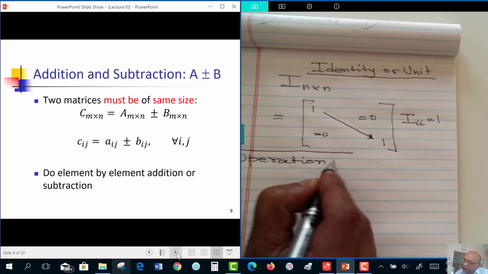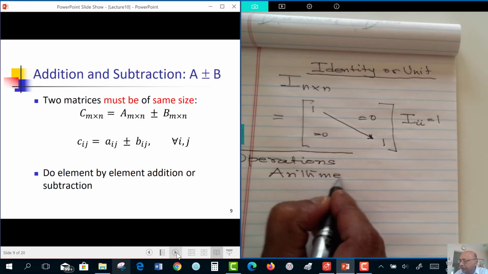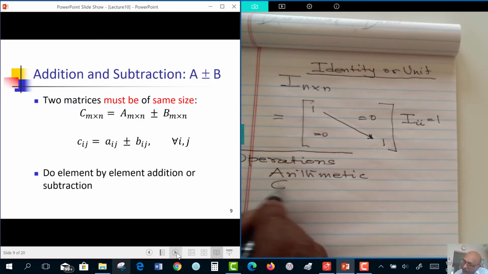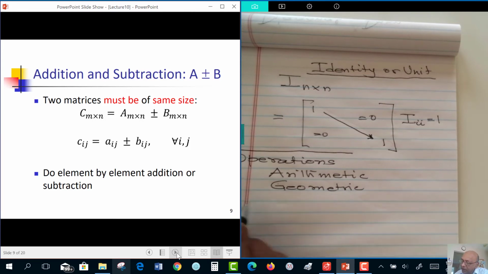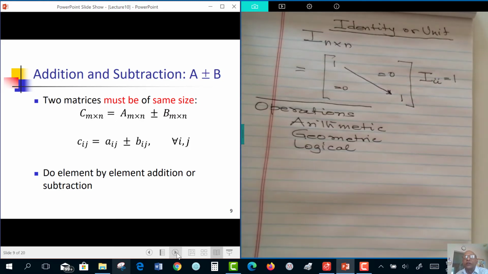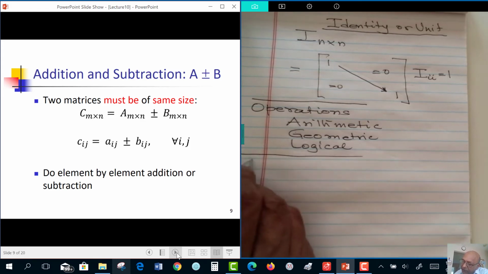So what kind of operations can we perform? We can perform arithmetic operations. We can perform geometric operations. We can perform logical operations, and we'll see each of these. Let's begin by talking about arithmetic operations.